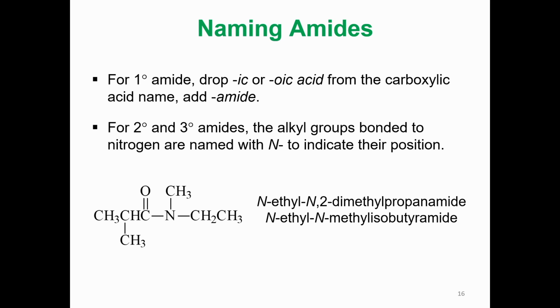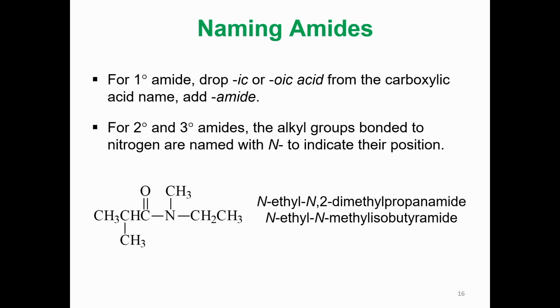Remember, the one on N is a substituent. So the main group is the carboxylate. In that substituent, we have N and N, and in the main compound, we have another methyl. So we talk about N, 2, just like saying 1, 2 dimethyl. So we have N-ethyl.